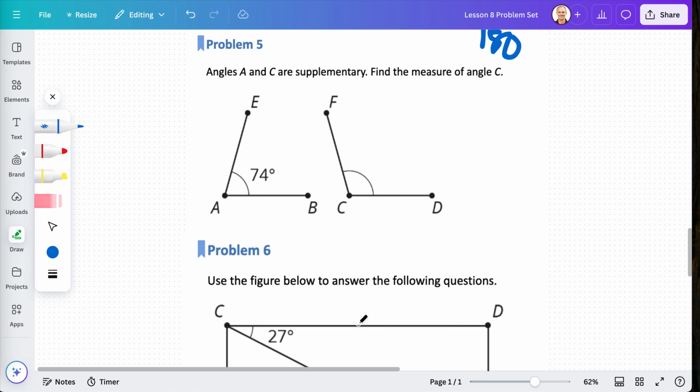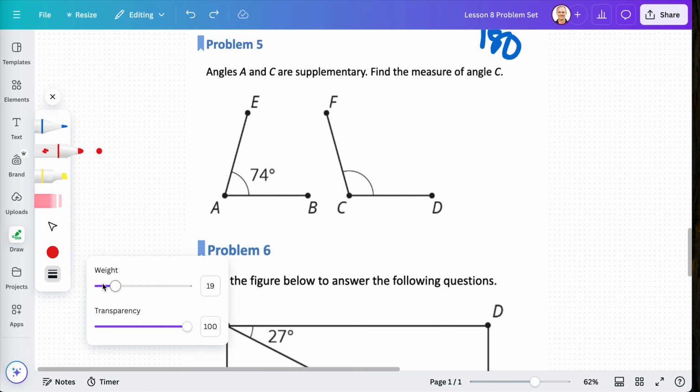Problem 5. Angles A and C are supplementary. Find the measure of C. Notice how these are just called by their vertex. Sometimes you'll see that. Hopefully not too often, because they can get confusing. Okay.